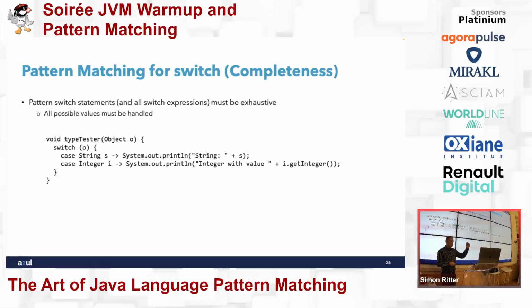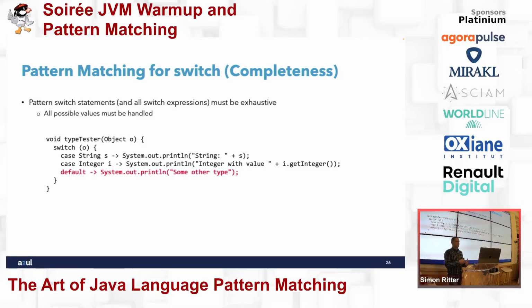So if you wanted to make it complete, you would have to have an infinite number of cases, unless you use default, because you're effectively saying if it's not a string, not an integer, then everything else is dealt with by default. That doesn't mean that every switch, even if it's complete, has to have a default in it.